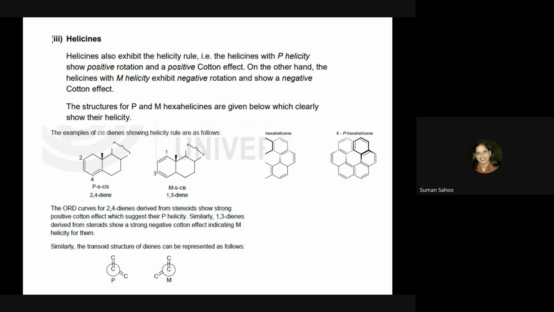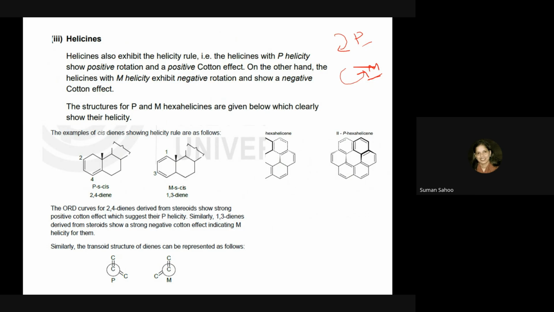If you have a right-handed helix, that is known as P, and if you have a left-handed helix, that is known as M. P stands for plus and M stands for minus. So P helicity compounds give a positive rotation and a positive Cotton effect, and M, that is your minus helicity compounds, give you a negative Cotton effect.